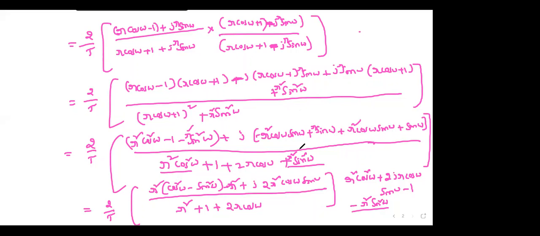Then r square cos omega sin omega, this one is cancelled. Then you have 2r sin omega in the numerator, this total part. And here we get plus. Right, now we will get the correct answer.